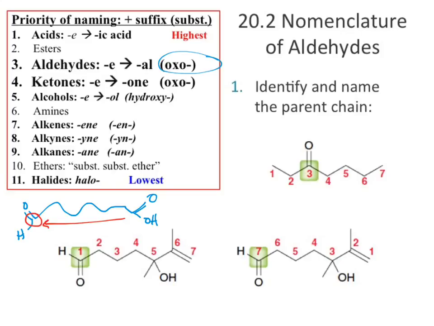We can get away with that because the carbon of the aldehyde is part of the main chain. So we can refer to it as the oxo. Your aldehydes can become very tricky when it comes to naming. If they're part of the main chain but not the highest priority group, we can go with oxo. If they're not part of the chain, they get a new naming system. And I'm pretty sure that's the carbaldehyde.